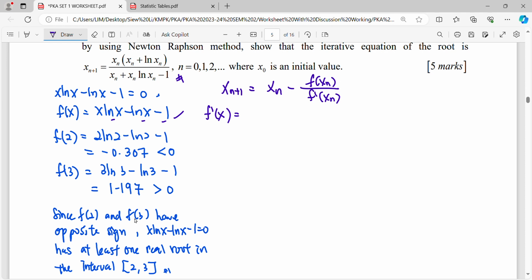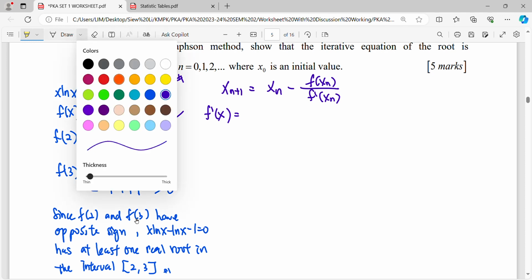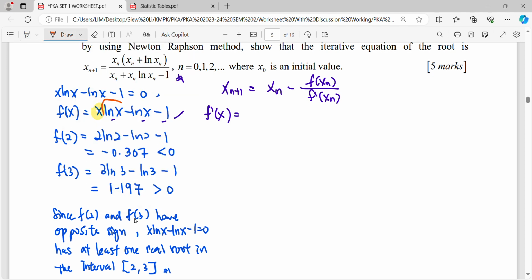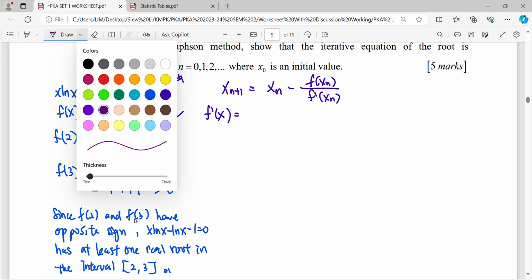Differentiate x times ln x. When we differentiate this, we use the product rule. So how do we perform the product rule?